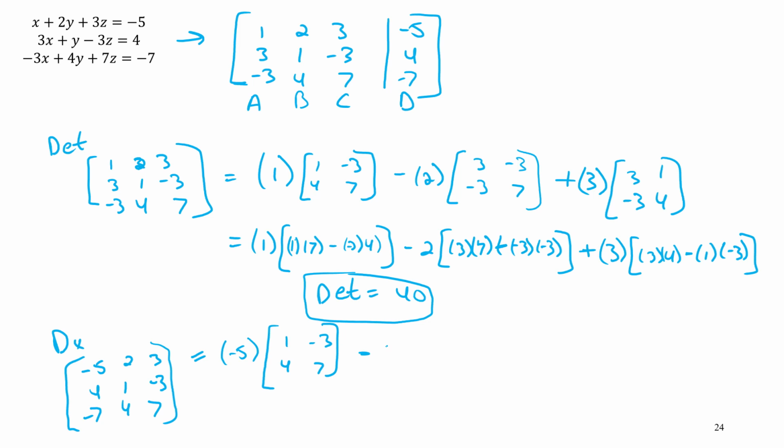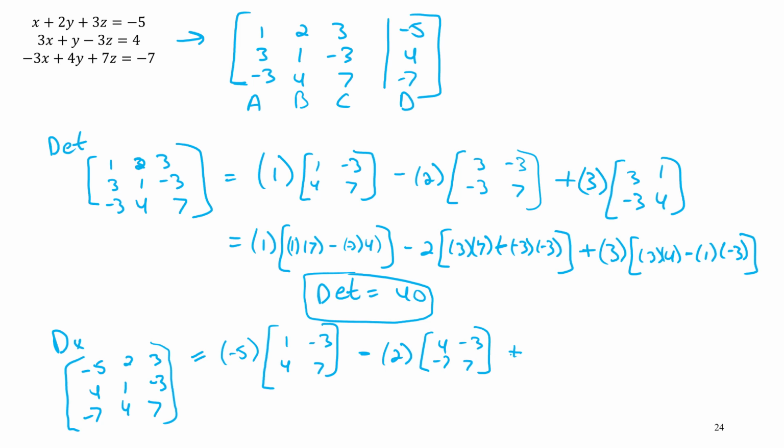Minus, if we look at the 2, we get rid of row 1, column 2. So we get the small matrix of 4, negative 7, negative 3, 7.